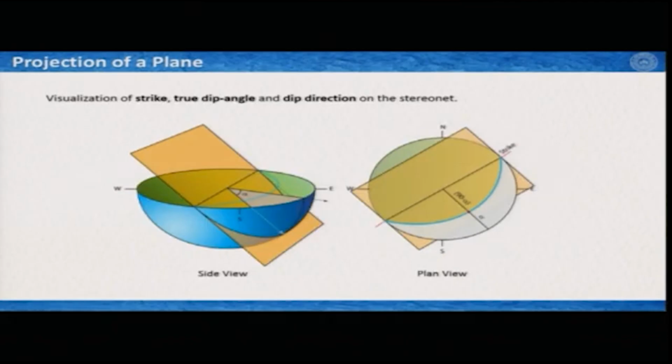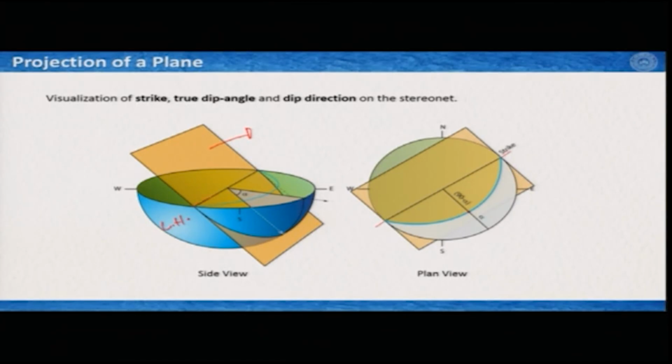To visualize this in a different way, and to check whether we have actually projected our plane to the stereo net, here is a different illustration. This is the sloping plane that we are concerned with. This sloping plane passes through the center of this sphere. This is the half sphere, the lower hemisphere.